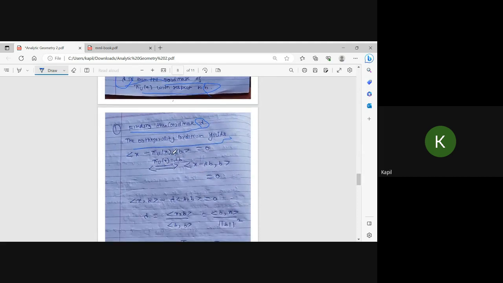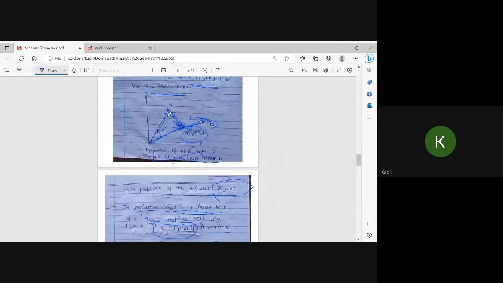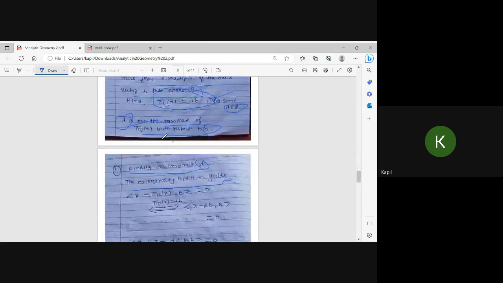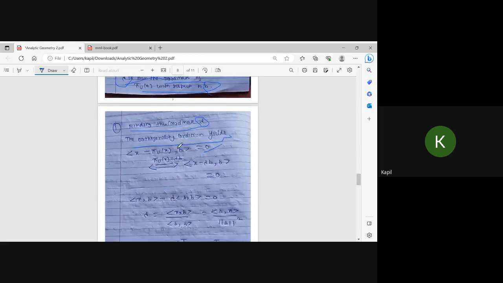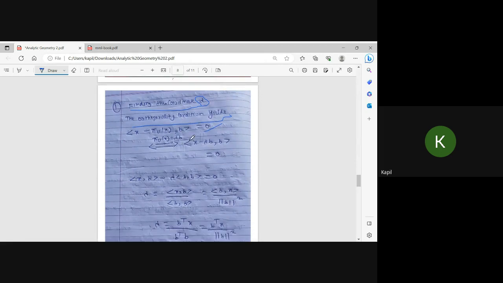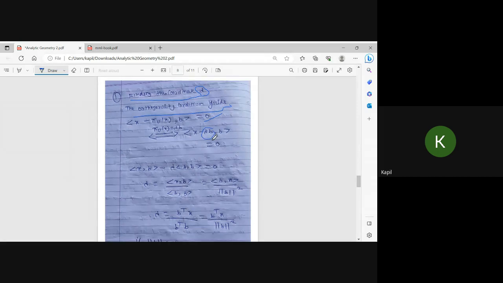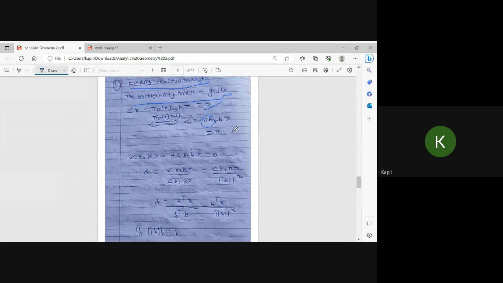As we know, the condition of orthogonality exists, that means the segment x minus pi_U(x) is orthogonal to this vector b. So their inner product must be 0. Now pi_U(x) is lambda times b, we will use that property also. So in place of pi_U(x), we put lambda b, and their inner product should be 0.